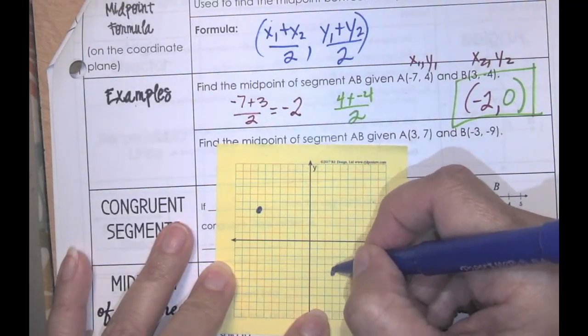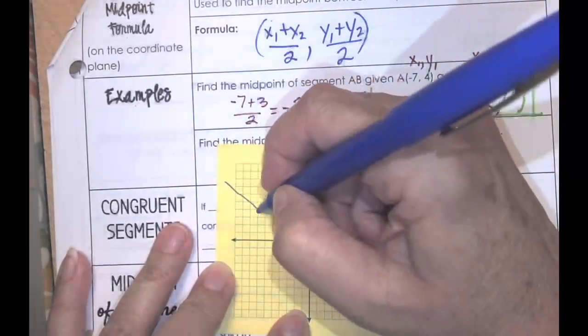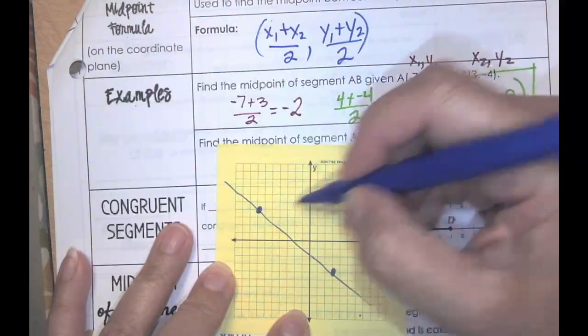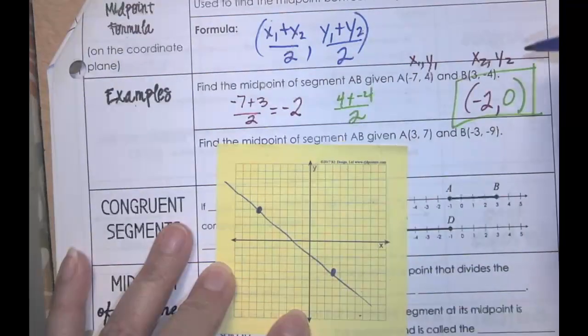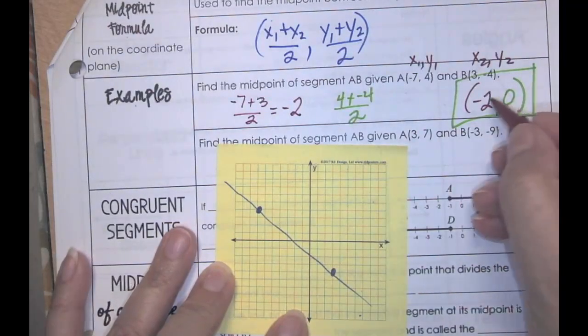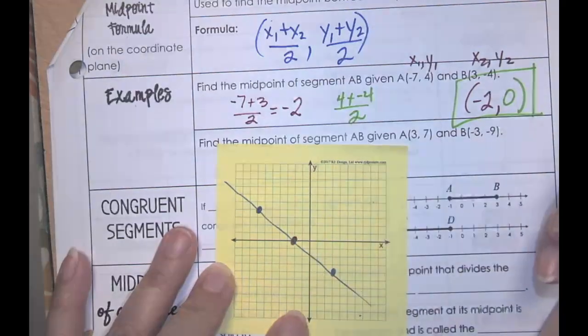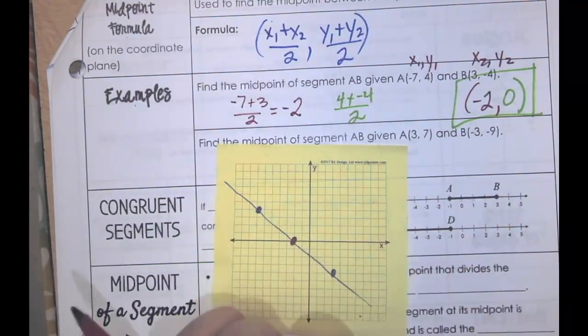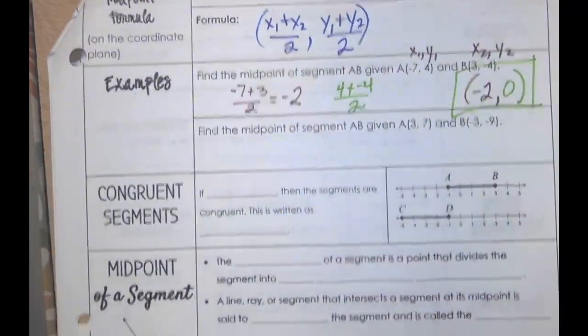Do you see how since it's on a diagonal, it's a little hard to tell where the midpoint is? But if I use the formula and get -2, 0, that looks about right, doesn't it? So this formula works.